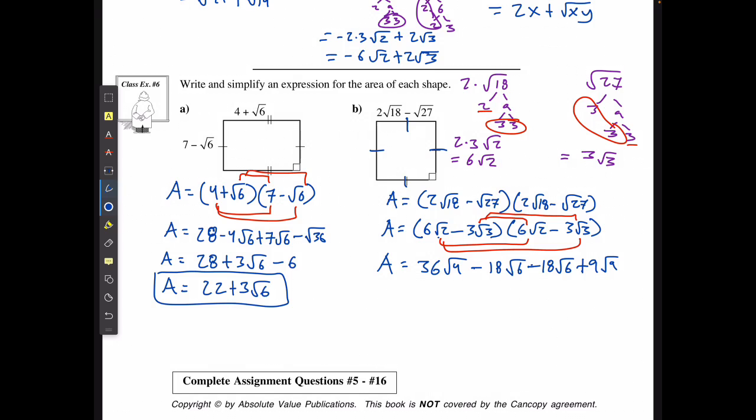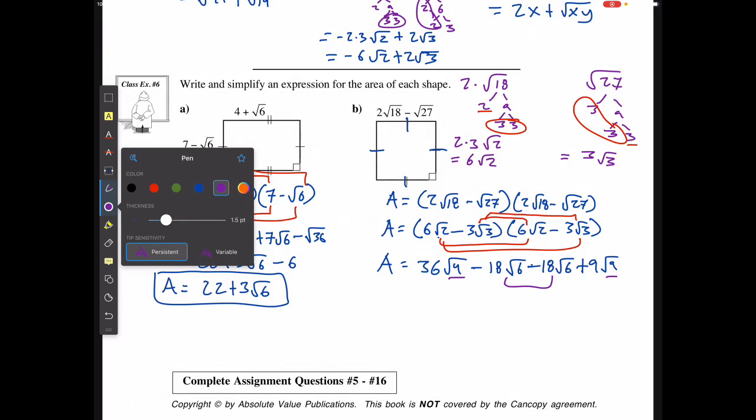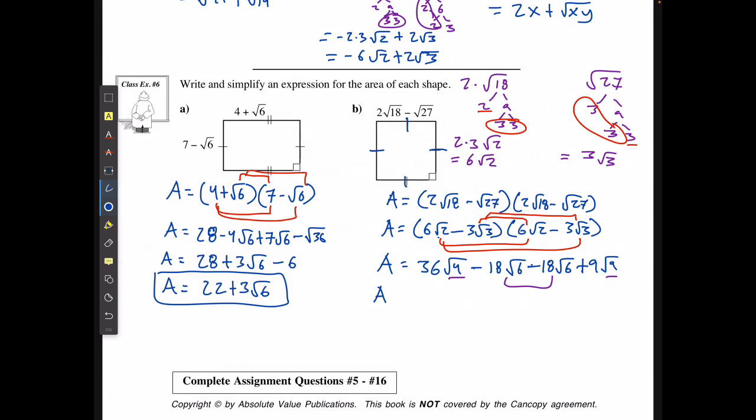And I can simplify what I have here. So I can combine my like terms, and I can solve or simplify the square root of 4 and the square root of 9. So the area is going to be 36 and 2. Negative 18 is going to give me negative 36 root 6 plus 9, and the square root of 9 is going to be 3.